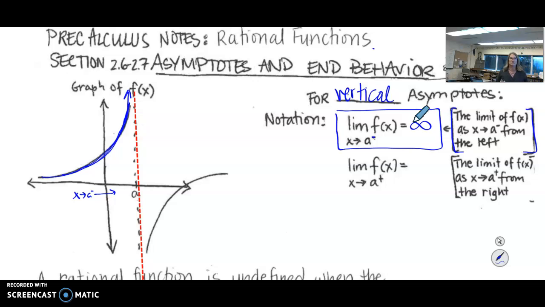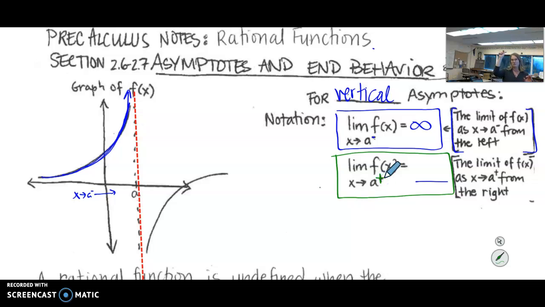And anytime you're trying to determine what's happening near a vertical asymptote, your answer to the limit notation is going to be either positive infinity or negative infinity. And if we look at the second piece right here, this says the limit of f of x as x approaches a with a little plus sign.